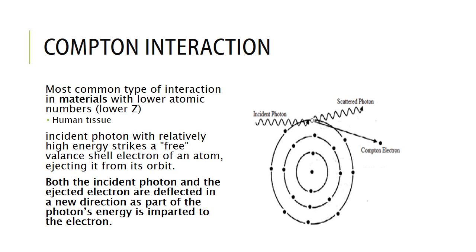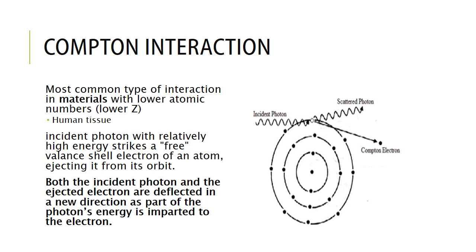So how much energy is actually lost by that incident photon? Well, that depends on the amount of energy the photon had to start with. As far as Compton interactions go, a really high energy photon, whenever it undergoes a Compton interaction, is going to lose a high percentage of its energy to that scattered electron.